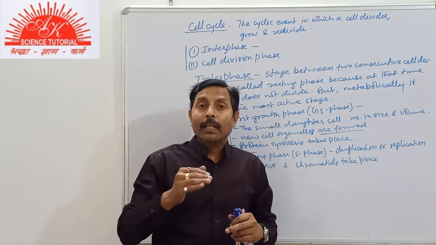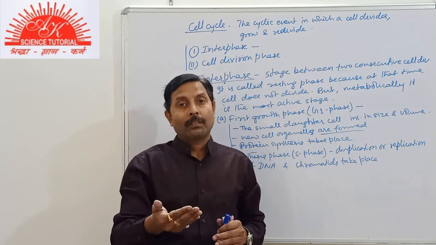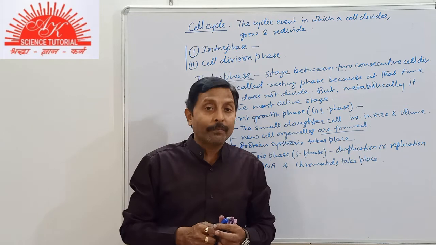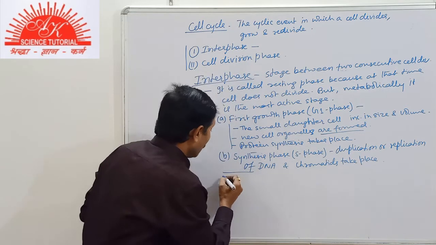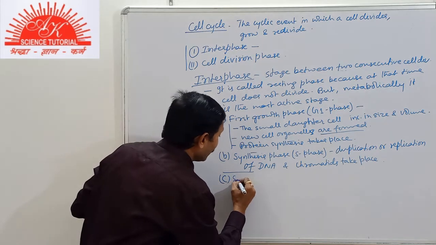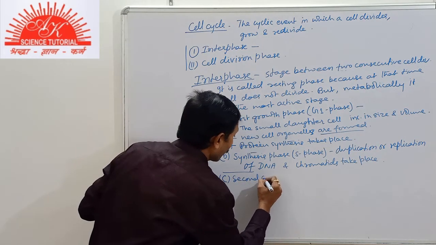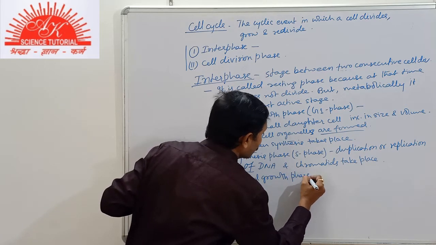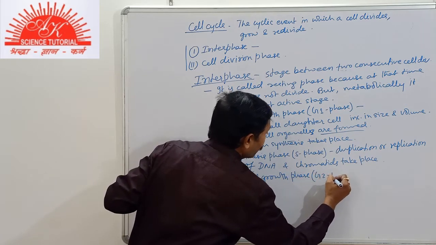But if the cell again has to divide, then it must perform some more preparations. So the next phase comes then, that is called second growth phase. That is G2 phase.